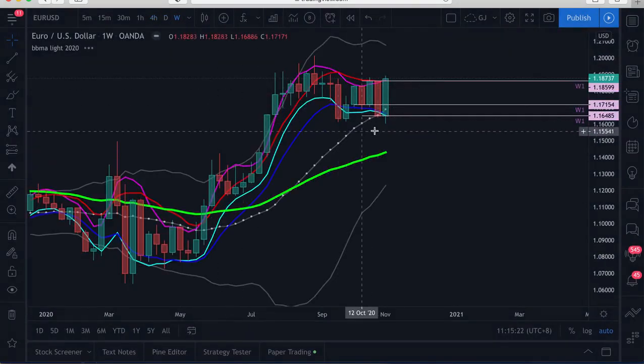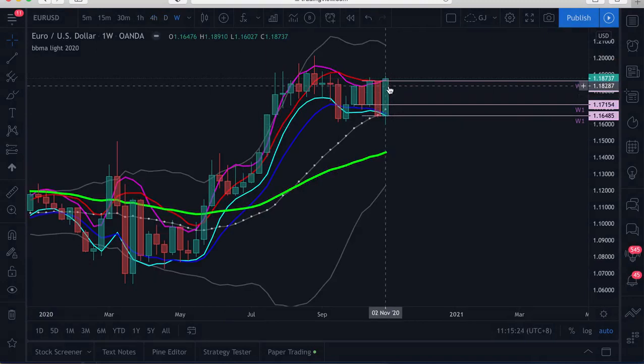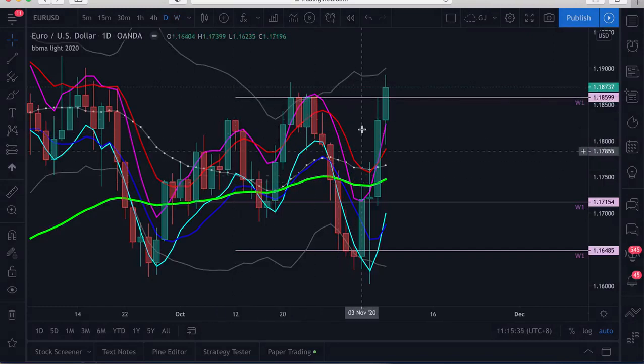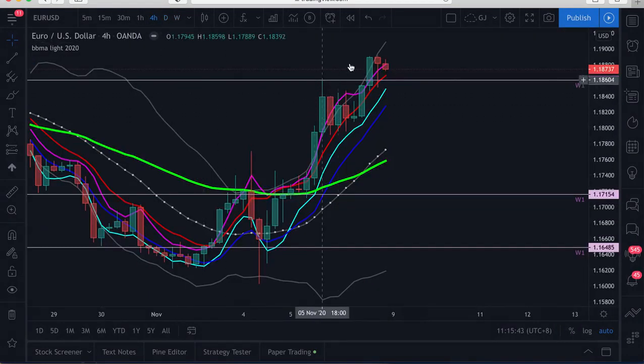Starting from the weekly time frame, price is currently at the MA 5/10 high. However, we can see it doesn't break the previous high, so this is a re-entry sell setup for us. On daily time frame, price went up but did not close above the top BB, so this is MHV sell. And on H4, price starts to close inside the Bollinger Band, and this is a MHV sell.